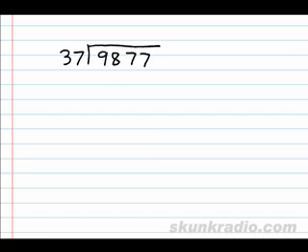I'm just going to guess, but I think it'll only go 2 times. So I'm going to write my 2 over the last number that I'm working with, because 37 can't go into 9. It's too big. So the 2 gets written directly over the last number in the 98.